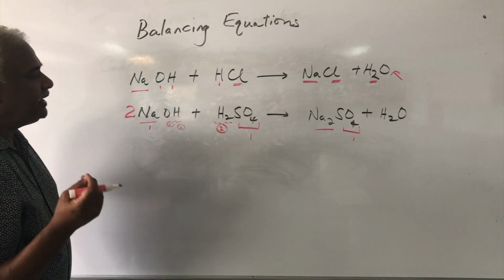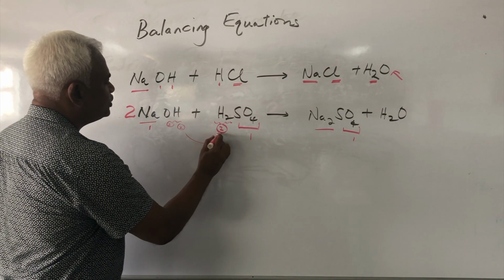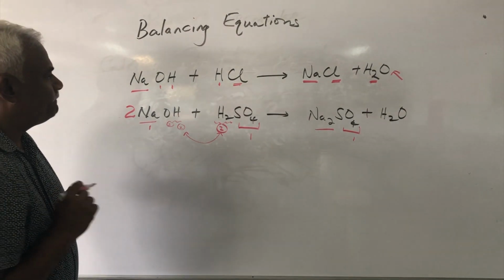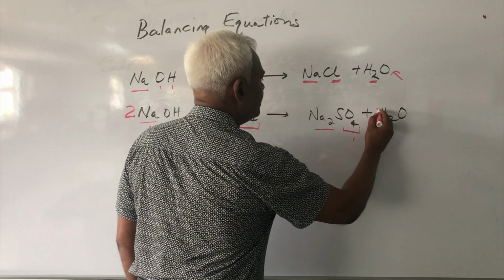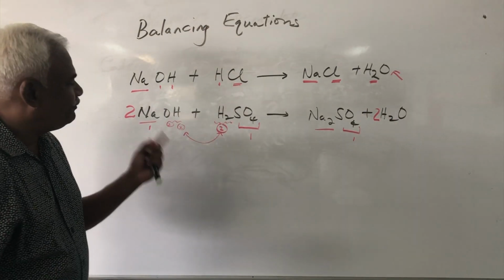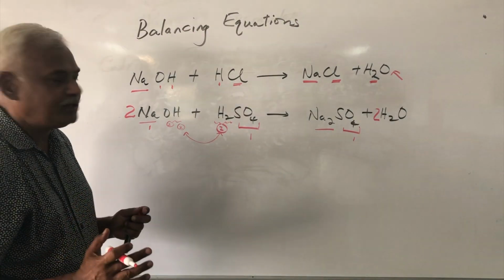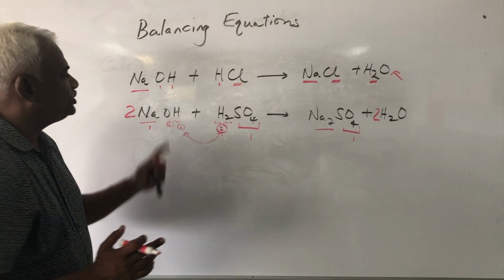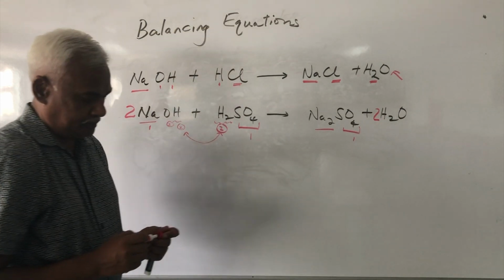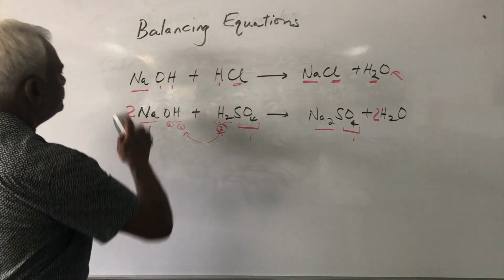In total, how many hydrogens do I have? 2 plus 2 gives me 4 hydrogens. Let's put 2 here. 2 2s. 2 times 2, 4. Which will be 2 hydrogens plus 2 hydrogens giving me 4 hydrogens. I have 2 oxygens, 2 oxygens. All right? Let's try another one.